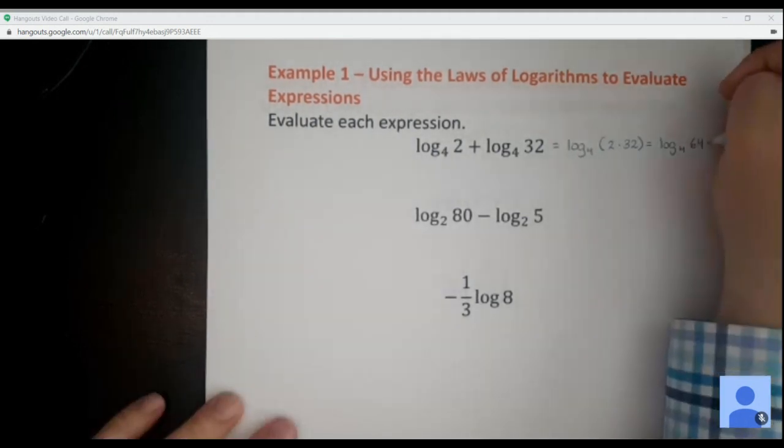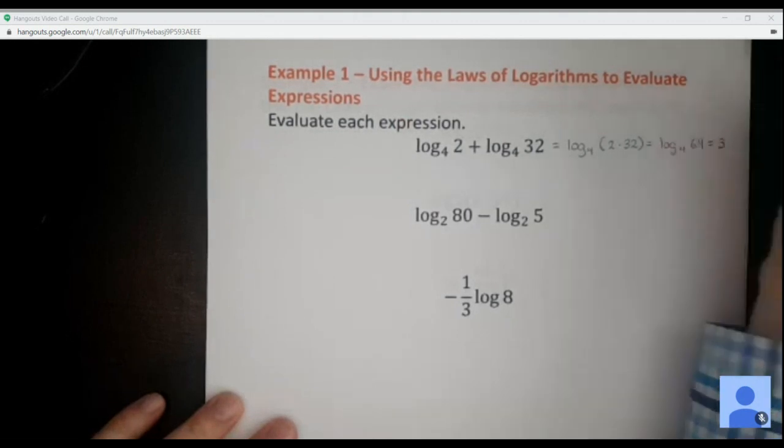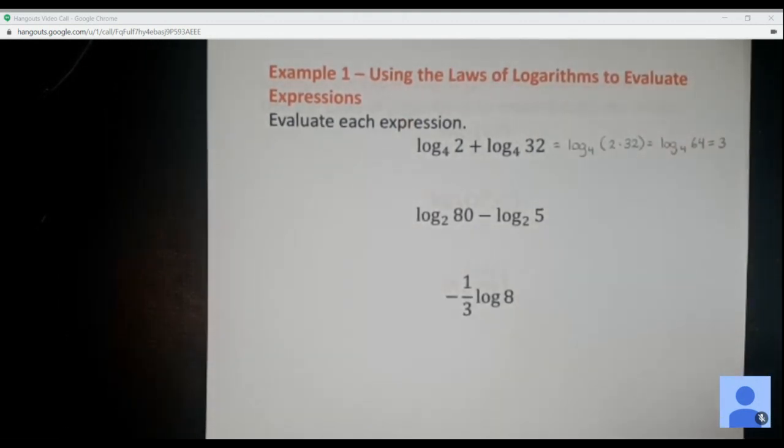Good. So 4 to the 3rd power is 64. Therefore, if we evaluate that logarithm now, the answer is just going to be 3. Any questions on how I did any of those steps?